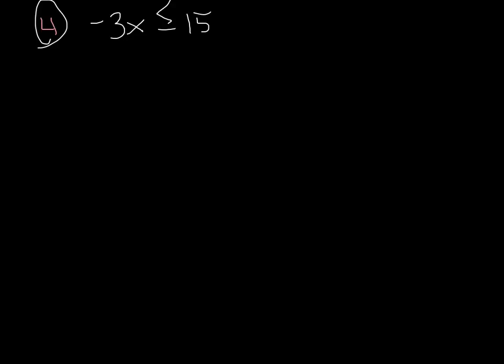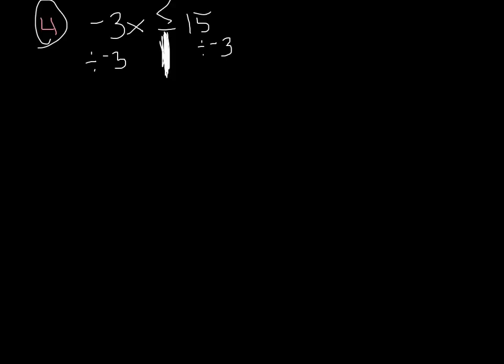I can't get it to equal 0, but I can get it to equal 1. So that means I need to divide both sides by a negative 3. When I say both sides, I mean both sides, when that inequality is there, it's putting up like a wall. So both sides I need to do that to.